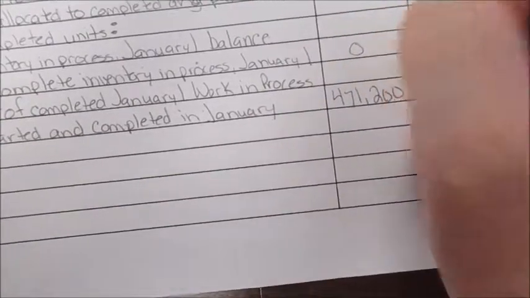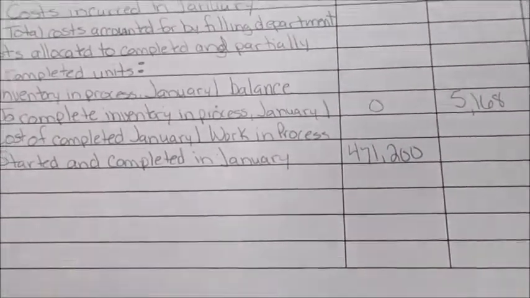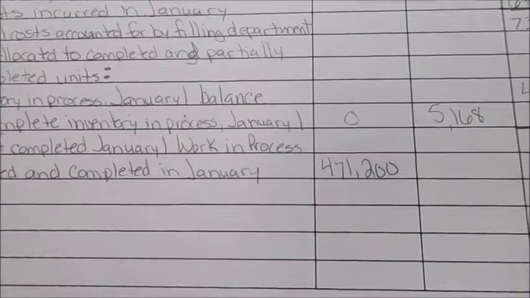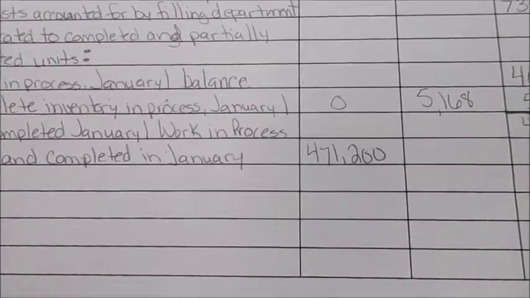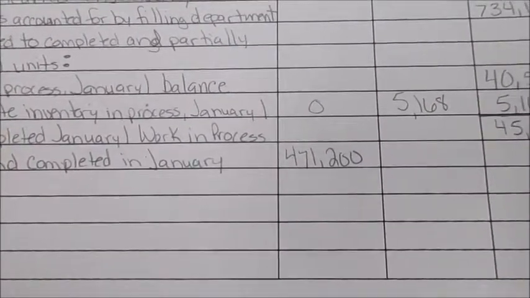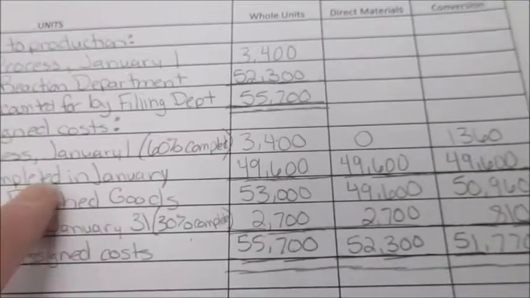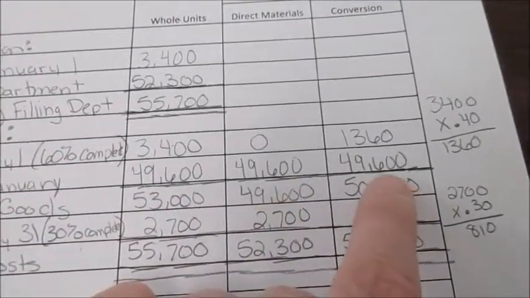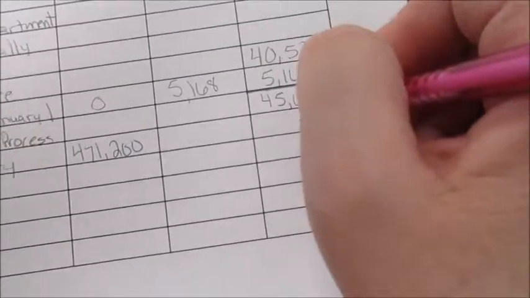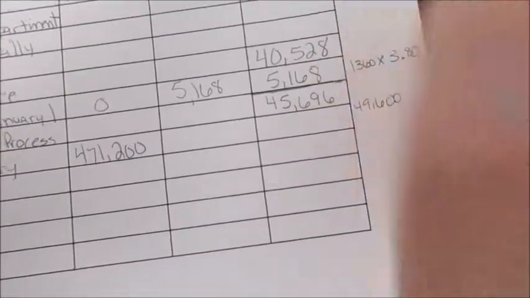Okay. So for our direct materials, we have 471,200. For our conversion, I'm going to take the same number, started and completed in January, 49,600.